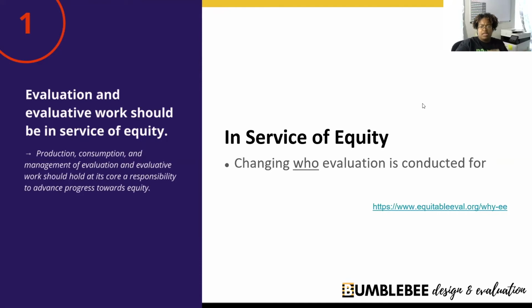But for today, I want to share the three major principles. One, equitable evaluation as a field believes that this work should be in the service of equity. What that means is that it changes who evaluation is conducted for.